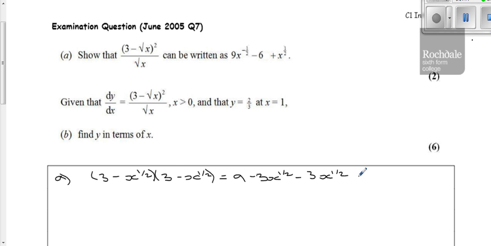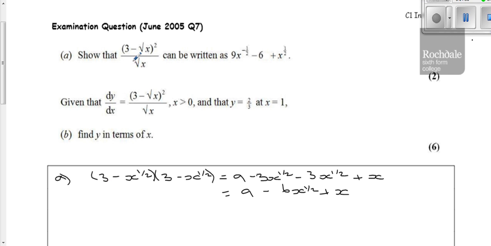Minus times a minus makes a plus. x to the power of a half times x to the power of a half gives me x to the power of 1. I'm just adding those indices together. So we've got 9 minus 6 x to the power of a half, because I can combine those two terms there because they've got the same power on the x, and then I've got a plus x at the end. So that's the first bit dealt with.